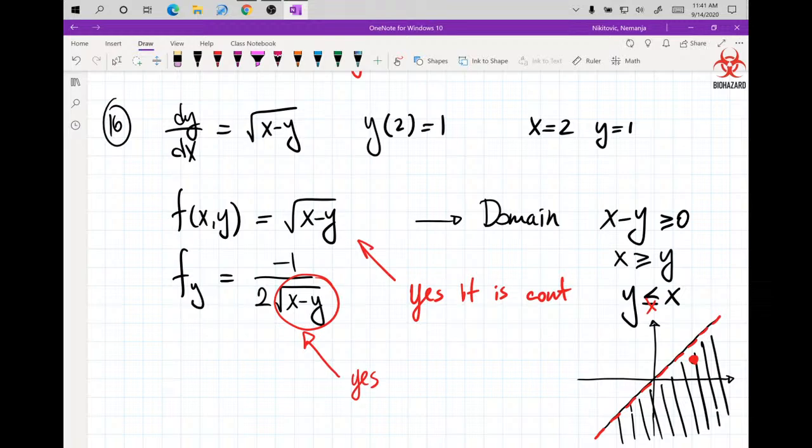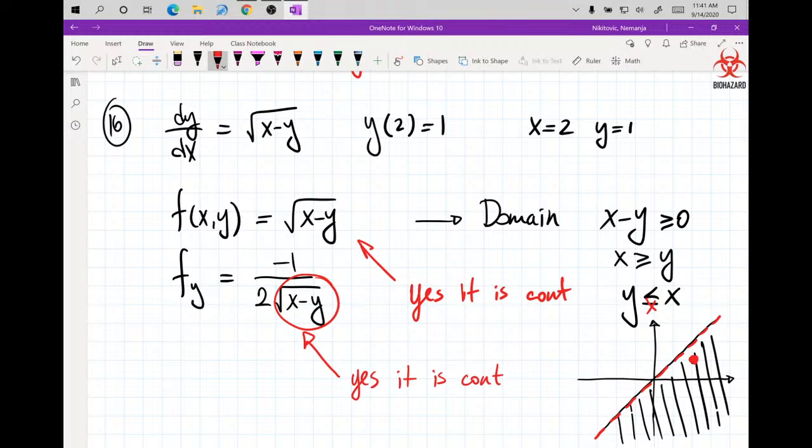You just have an extra step because you now have to feed this radical function into a rational function and just say that the denominator is not 0 because the point that we are interested in is not on the line. So this one is also continuous.